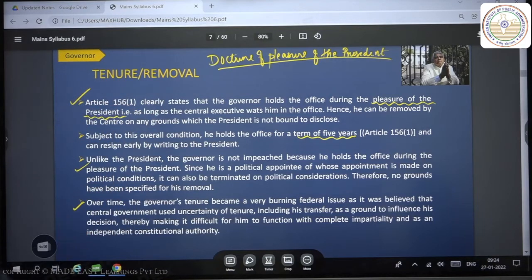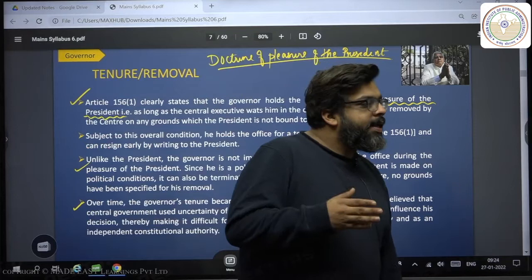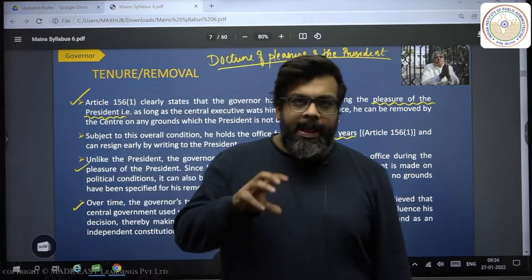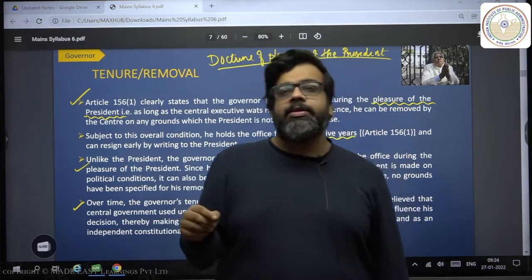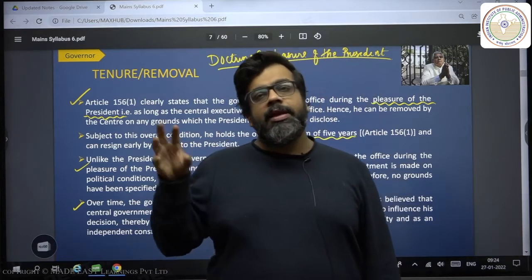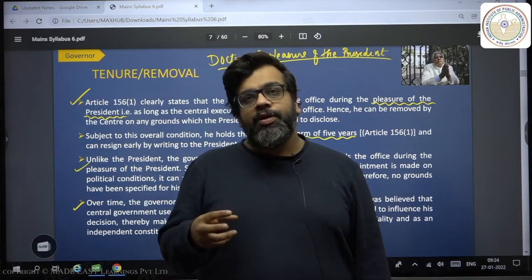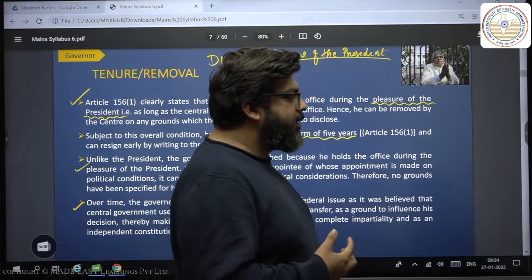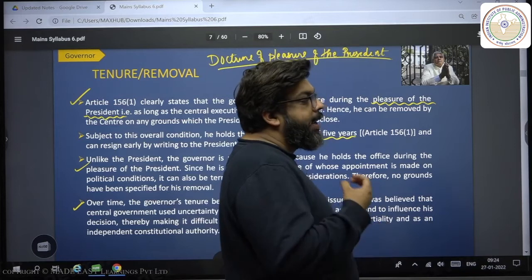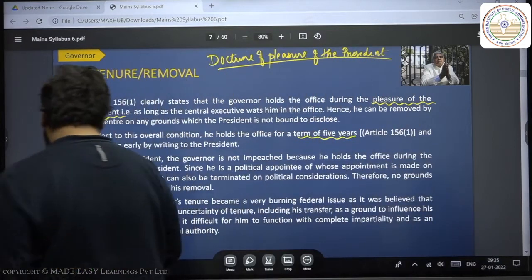This is also true in the office of the governor, because when your very existence is dependent on somebody's discretion, and please understand the words that I'm using, when your existence is dependent on somebody else's discretion, it is very difficult for you to exist impartially. And that is something we must always understand.